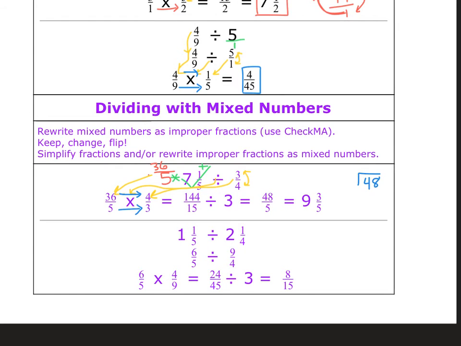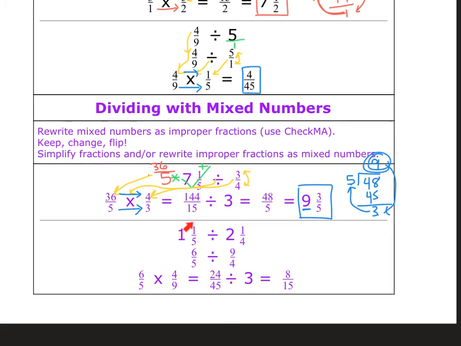So we divide. 5 goes into 48 9 times. And the new mixed number answer is 9 3/5.